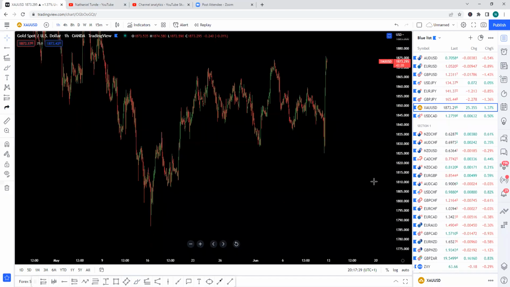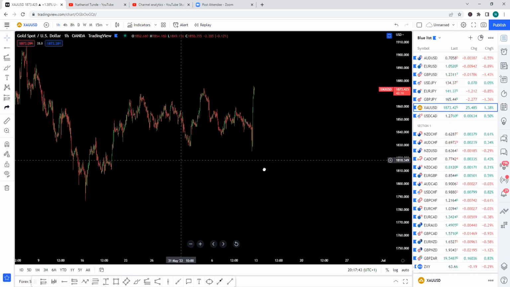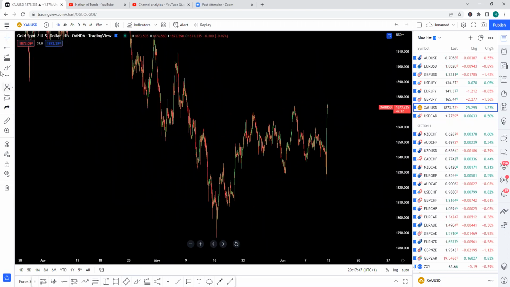Nevertheless, what I'm thinking will happen right now is that this up move is just to complete a structure. This is the structure here.